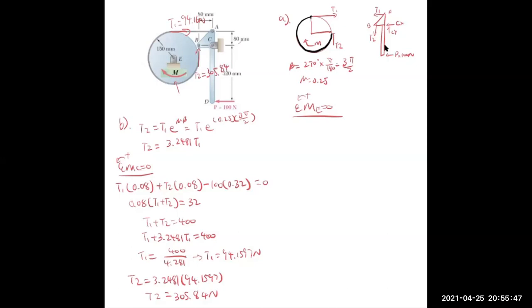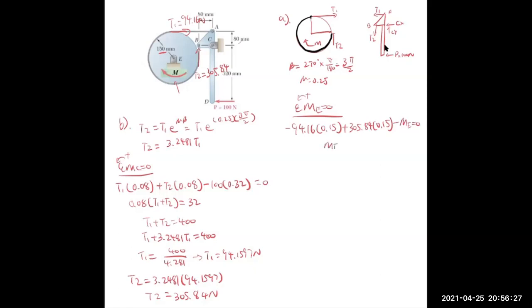T1 is in the clockwise direction, so it will be negative 94.16, and the distance will be this radius, which is 0.15, plus T2 in the counterclockwise direction, 305.84 times 0.15, and then the moment that is also counterclockwise, so minus M E equals 0.